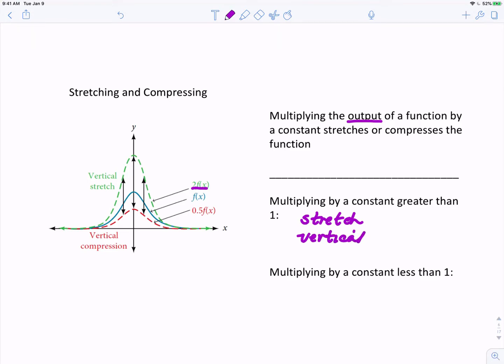And if you multiply by a number less than 1, for example, here's 0.5 times the function, you can see that it got squished down, so it got compressed. So it's a vertical compression, meaning the function got squished down.